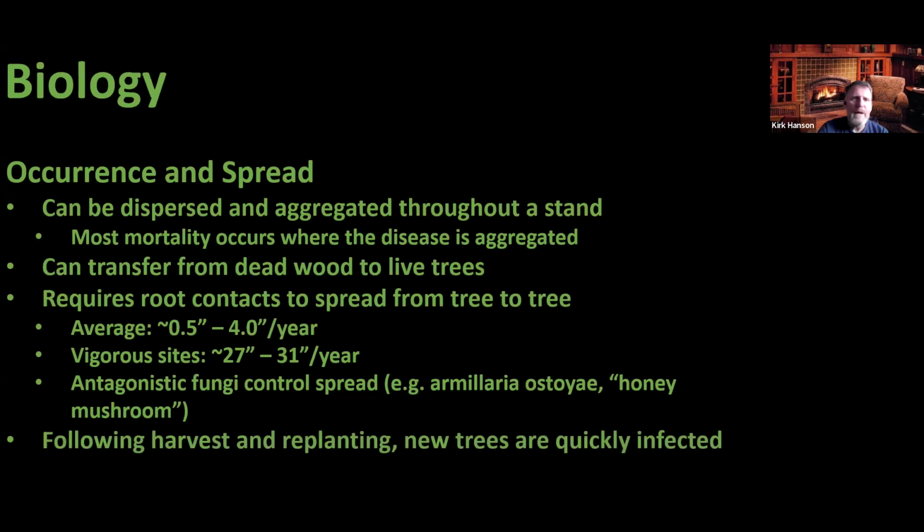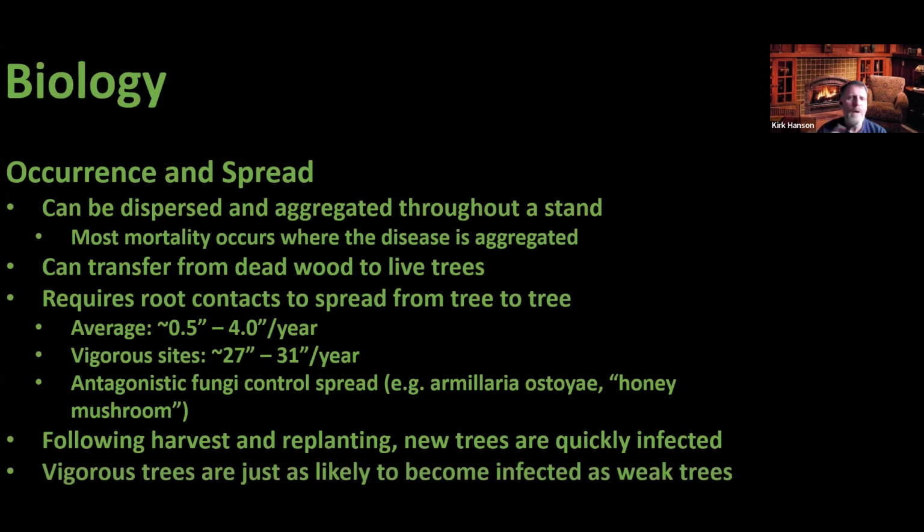And then, as I mentioned already, that post-harvesting of root rot patches, if it's replanted with a host species, Douglas fir, true firs, or hemlock, those will fairly readily become infected by the disease. However, another thing that I found that was very interesting is that vigorously growing trees are just as likely to be infected as weakened trees.